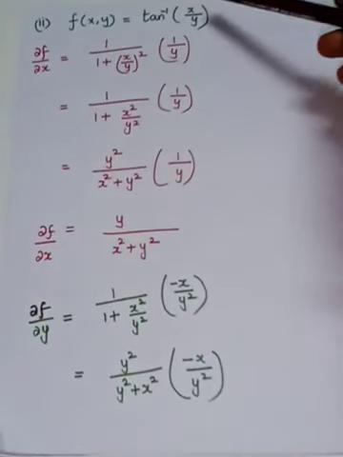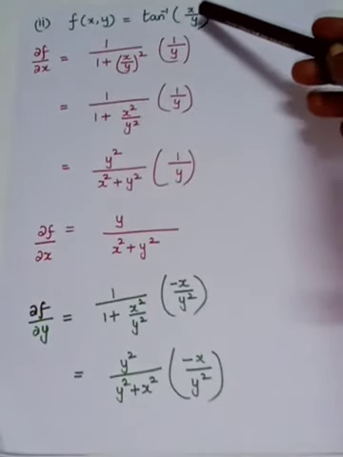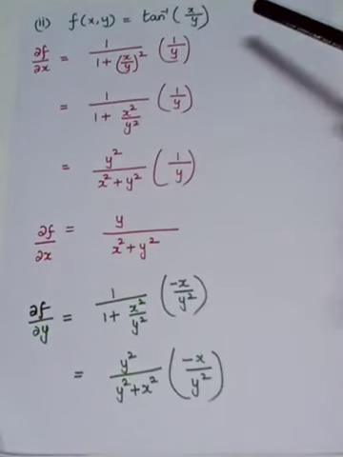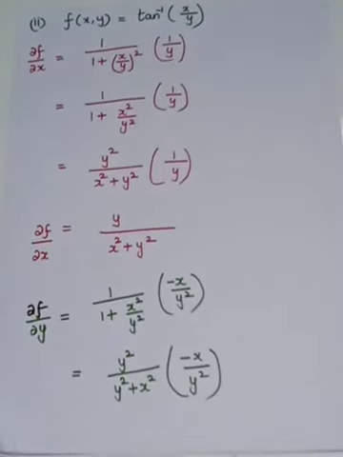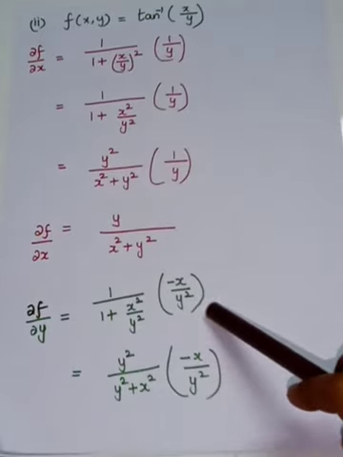In that, x is the constant, so x is taken out, and what is remaining is 1 by y. The differentiation of 1 by y with respect to y is minus 1 by y squared. So it is written as minus x by y squared.